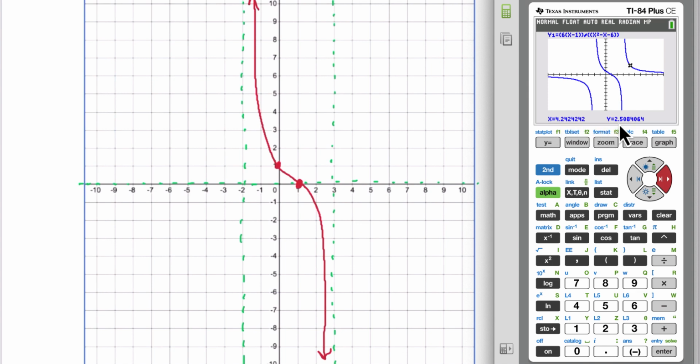So on the right side we have (4, 2.5) here. Then we'll just sketch the rest. We'll do the same thing on the left side using the trace feature. Let's see what a point would be on the left side. So (-3, -3). Again, very rough estimate here.